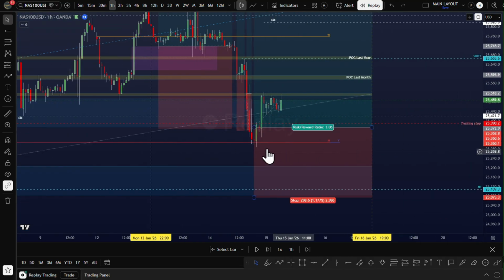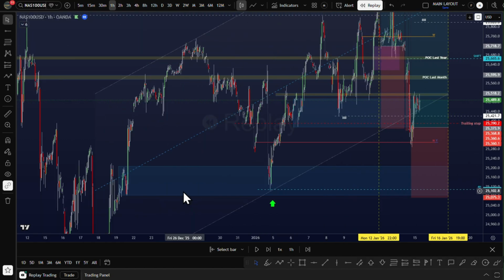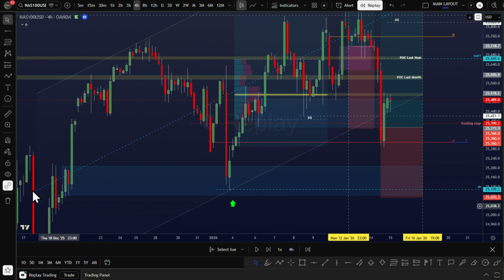This time I put my stop loss below this demand zone. We can clearly see it on 4 hour: a base rally leaving behind a gap, so this is a strong demand. We also already tapped this demand one time, so I decided to put my stop a little bit lower than this demand.